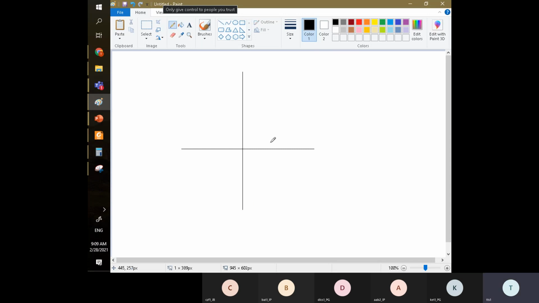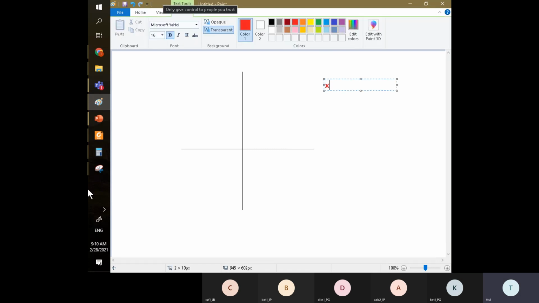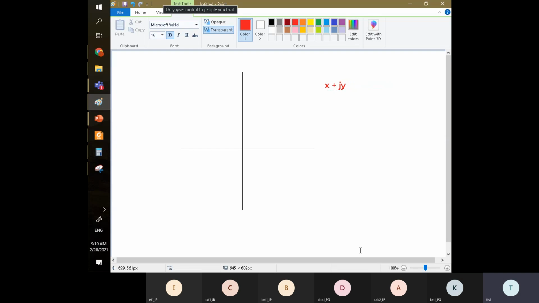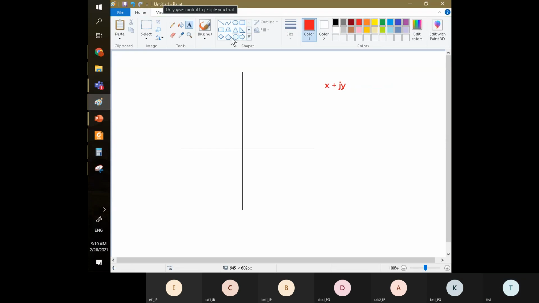Okay. And as you know, here is the real axis, we call the real. Okay, let's say you are given x plus jy. So where is x? X is here actually.